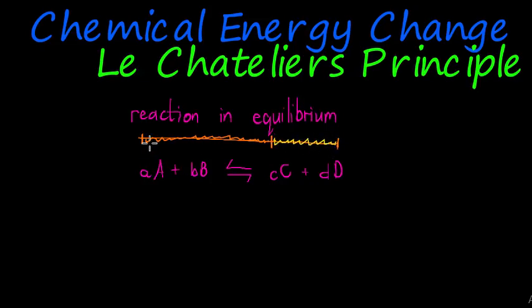You can see that the position of equilibrium, in this case, has more reactants than products, so the position of equilibrium is to the left.